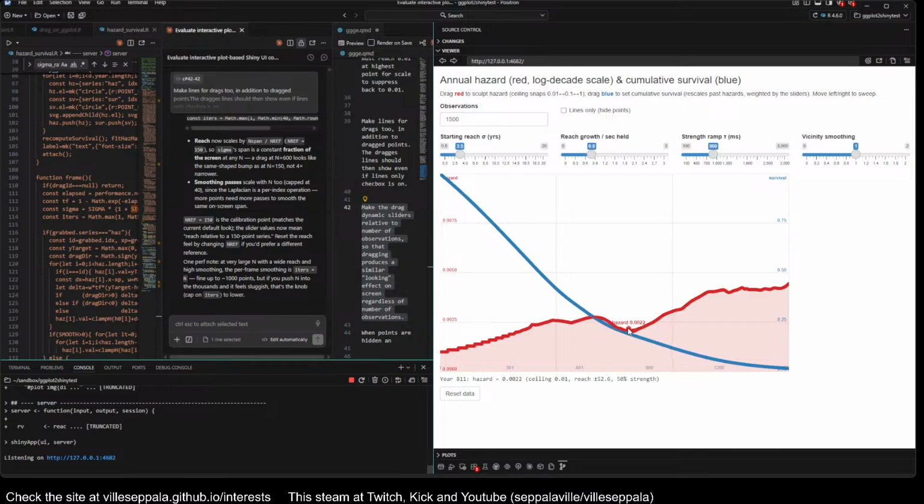But in general, I'm very pleased with how responsive this is, and I think it has the possibility to make it quite nice to use.